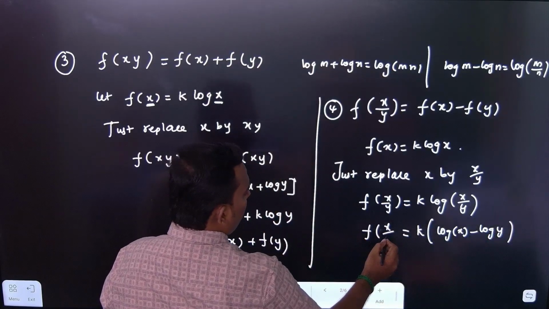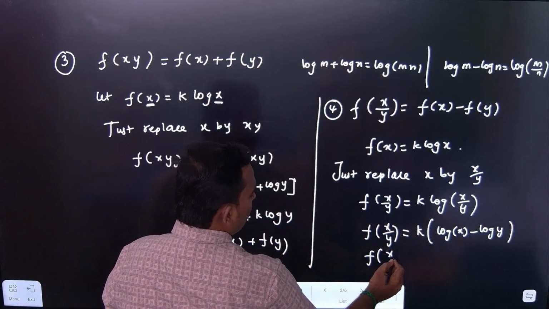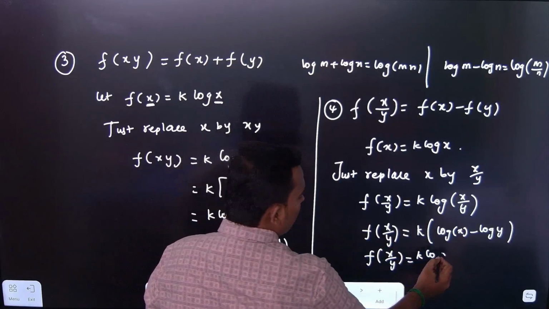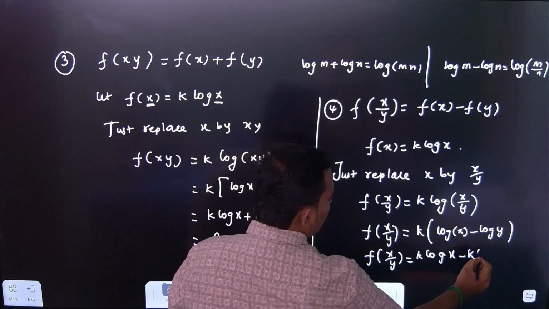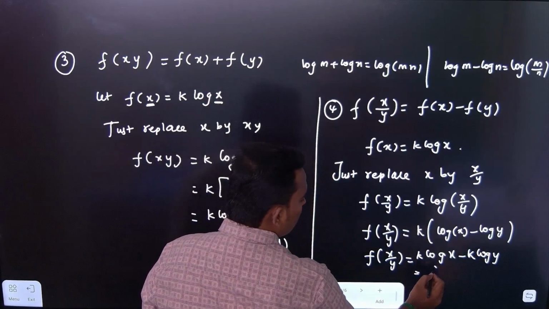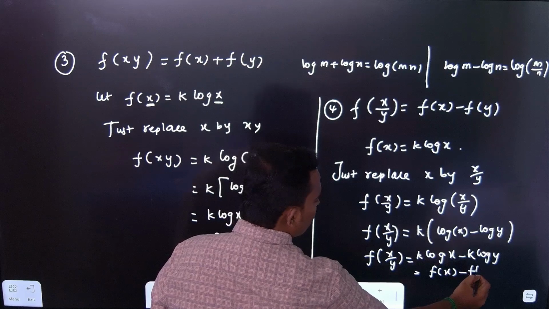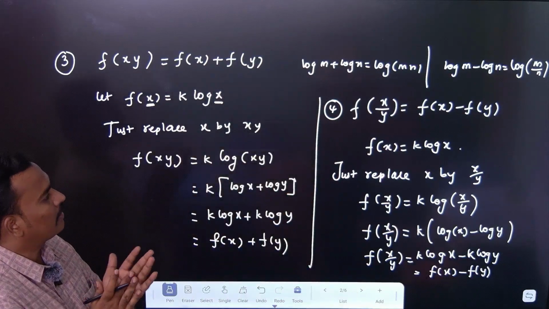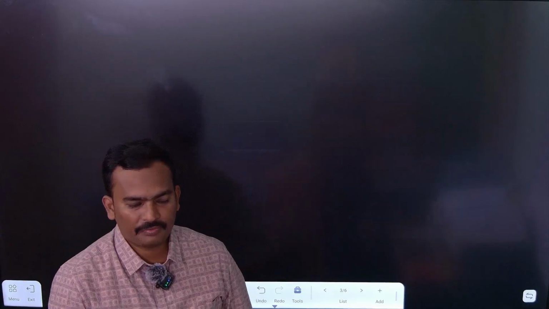So therefore, f of x by y, how to write? So k times, you can multiply inside, k times log x minus k times log y. This is same as, this is f of x, this is minus f of y. I hope everyone understands, right? Okay, good. Next, discuss the fifth property.